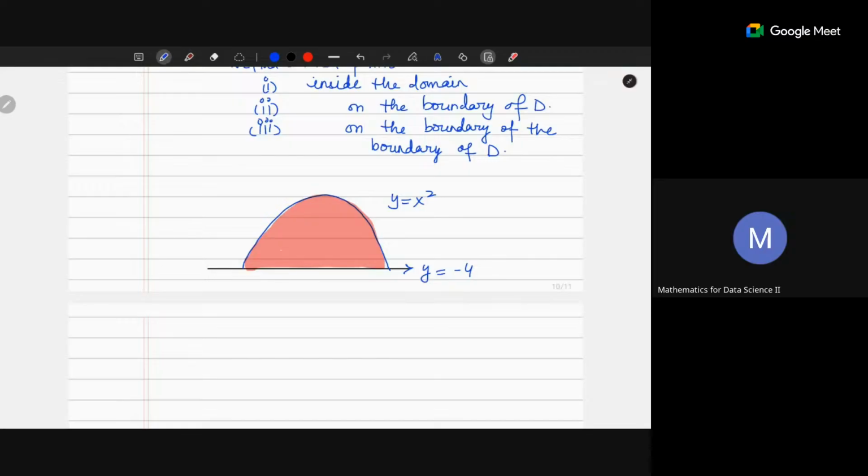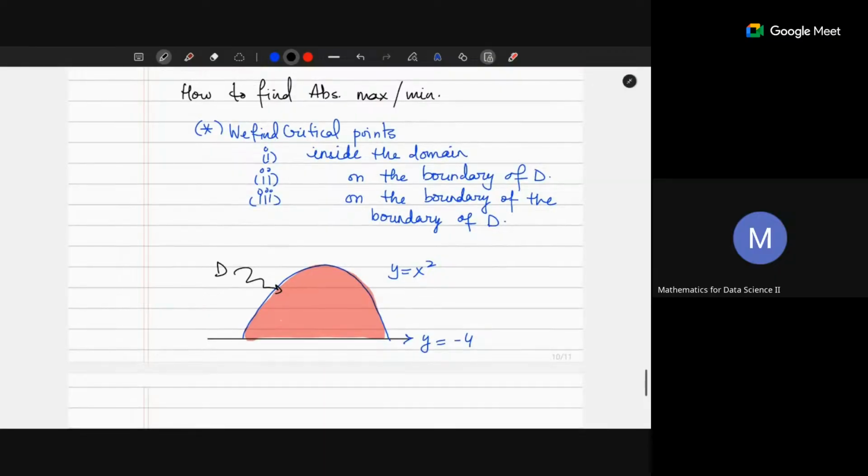So this is my domain. If you want to find the critical points of a function defined on this domain, in particular the absolute maxima and minima, then they may exist inside D, the colored part, or on the boundary. The boundary is given by the curves y equal to x square and y equal to -4, or the boundary of the boundary, which are these corner points.